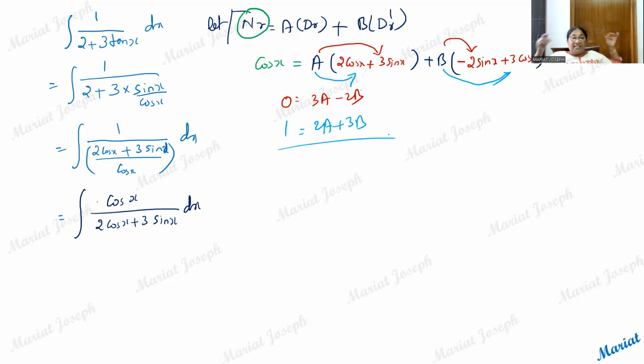Now we need to solve these two equations. How do we solve? Do we need to make the coefficients equal? If yes, which coefficient will you make equal? Solve these two equations.